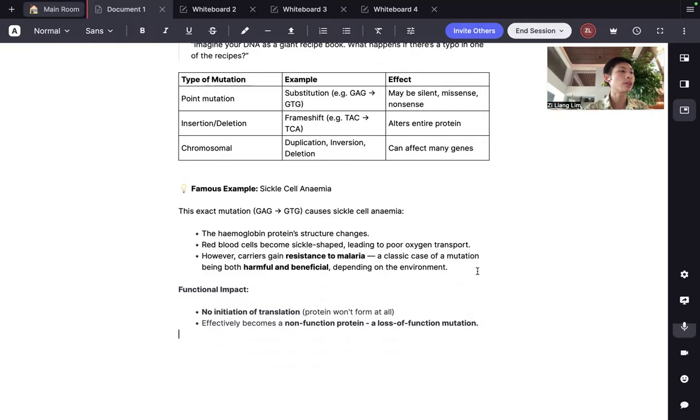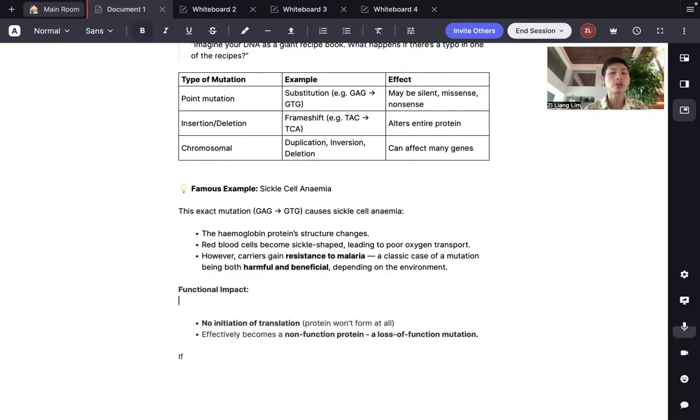Now, if it is elsewhere in the sequence, so when you say functional impact, it says here, if TAC is the start codon, then changing it to TCA means, all right, so that's what I said.